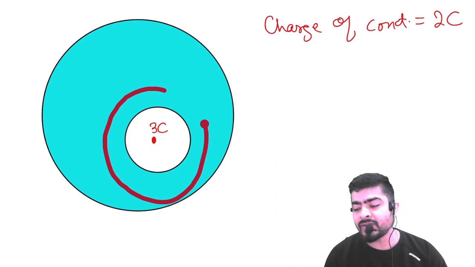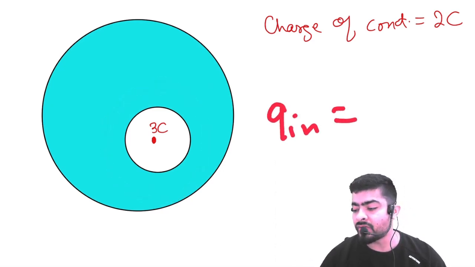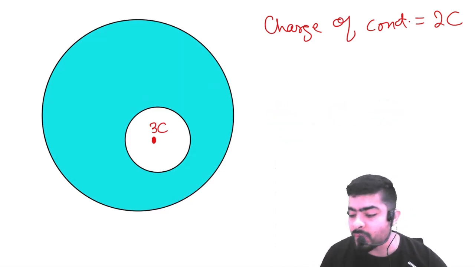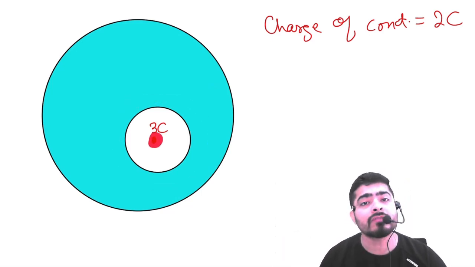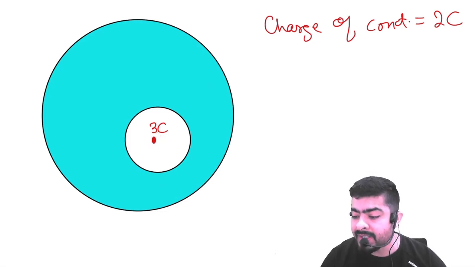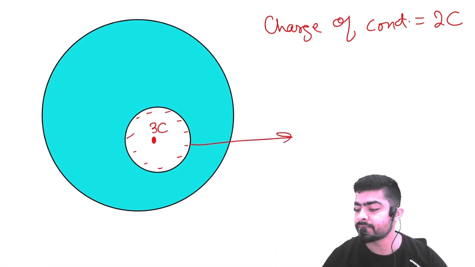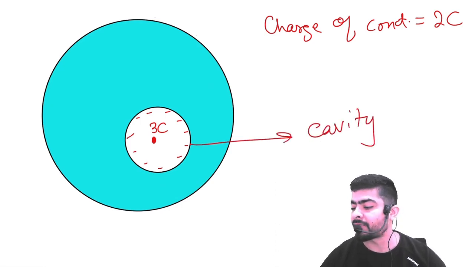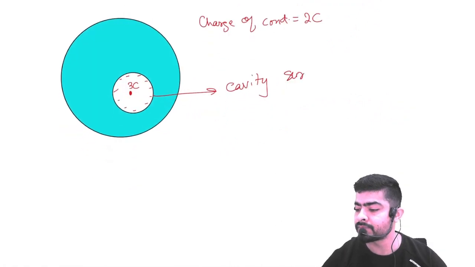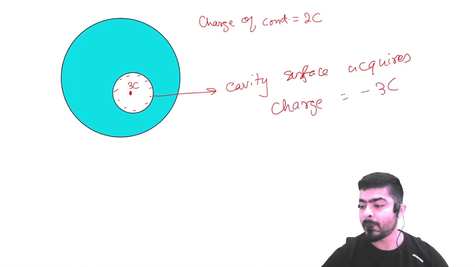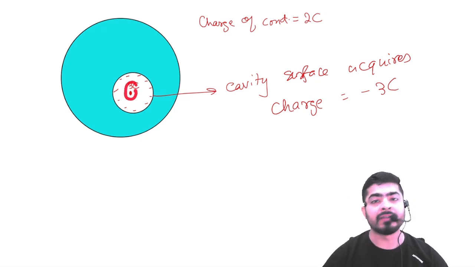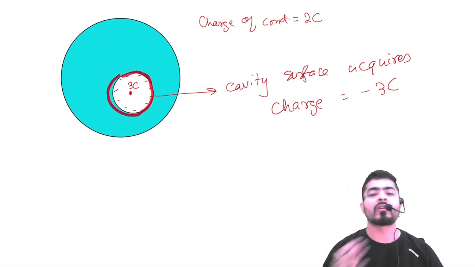If the flux is zero, that means Q inside should also be zero. So the total charge over here should become zero. Therefore, if we have a 3 coulomb charge over here, the cavity surface will acquire negative charge. How much? The cavity surface acquires charge minus 3 coulomb. Whatever charge is present inside the cavity, the opposite of that will appear on the cavity surface.